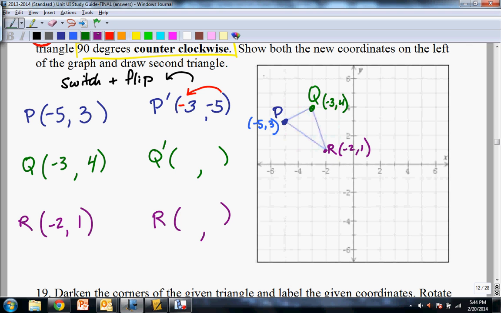That's P prime. This is where your P prime is going to be. So switch and flip to the left the other coordinates, draw your triangle in, and it should look like it's rotating 90 degrees counterclockwise.